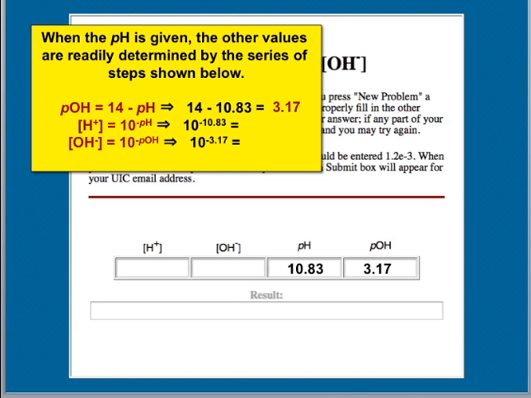Here we have a pH, 10 to the minus pH. Feed that to your calculator, type in the number, change the sign, get 10 to the x, so 10 to the minus 10.83. You should get about 1.5 times 10 to the minus 11.